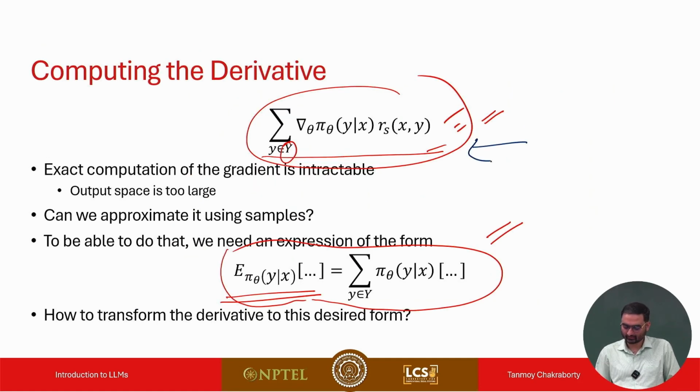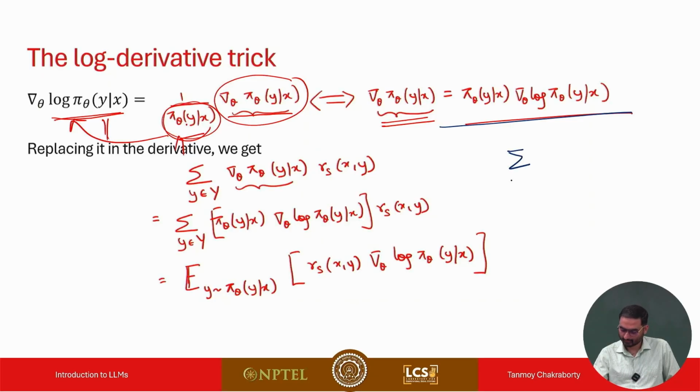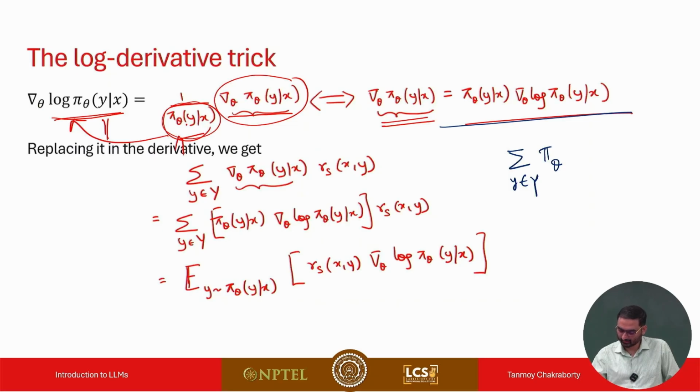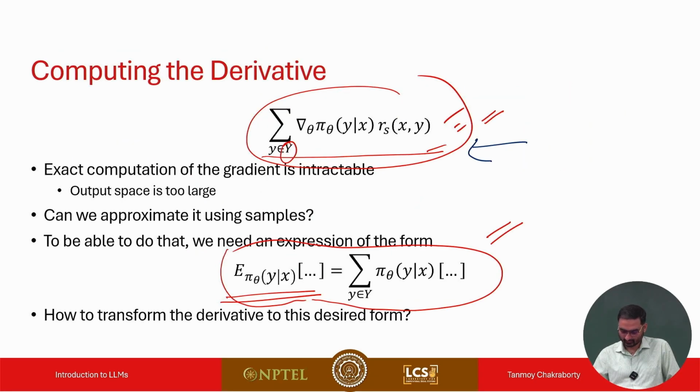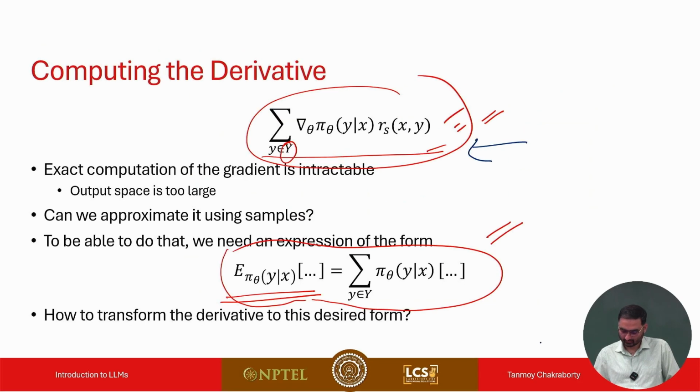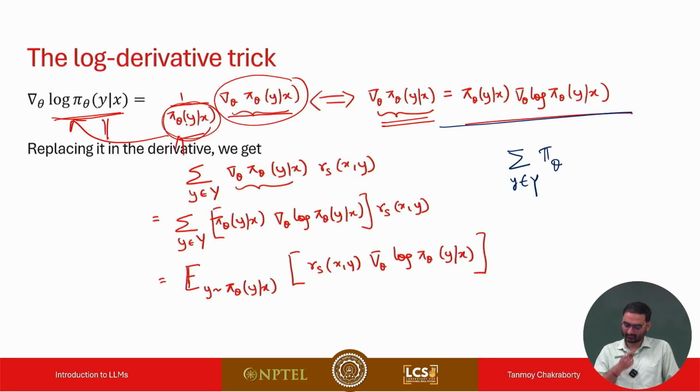This is this one, y given x, pi theta, and then we also had the derivative of this pi theta y given x and R xy, right.